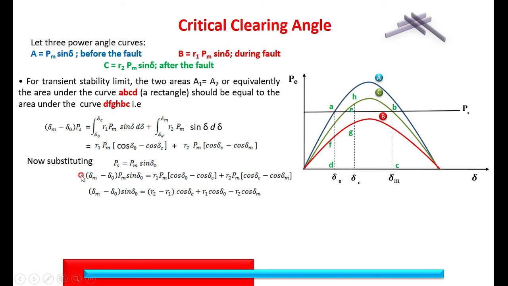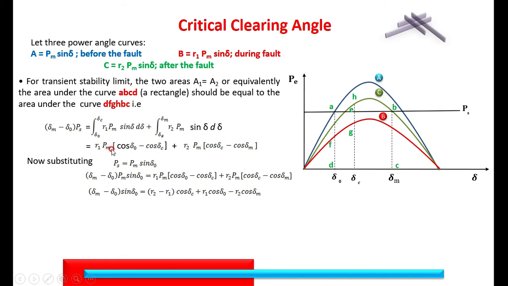Now substituting this Pm sin delta naught in this equation, what I am getting is delta M minus delta naught times Pm sin delta naught is equal to, the right hand side is the same, I am keeping as it is: R1 Pm cos delta naught minus cos delta C, plus R2 Pm cos delta C minus cos delta M. Just look here: cos delta C is appearing twice.